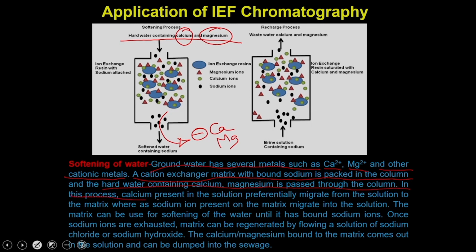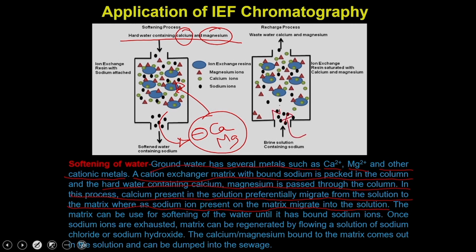In this process, the calcium present in the solution preferentially migrates from the solution to the matrix, whereas sodium ions present on the matrix migrate into the solution. So, calcium and magnesium remain trapped within the matrix, whereas the water comes out along with the sodium. This cartridge has a limited capacity to bind calcium and magnesium.